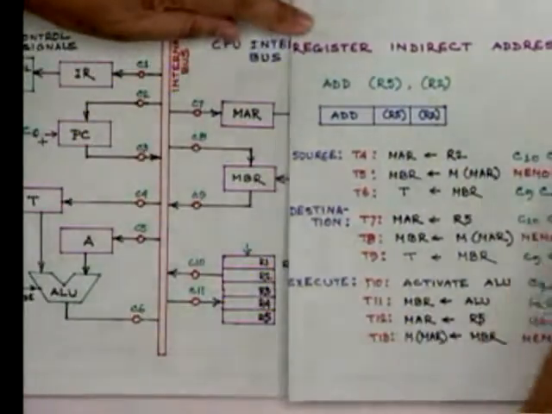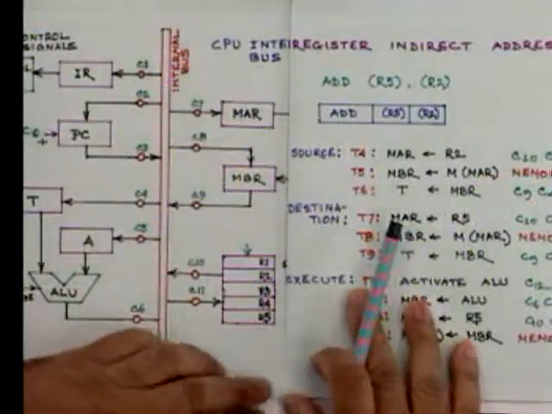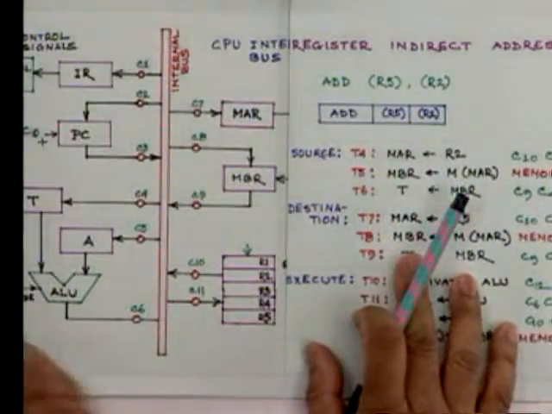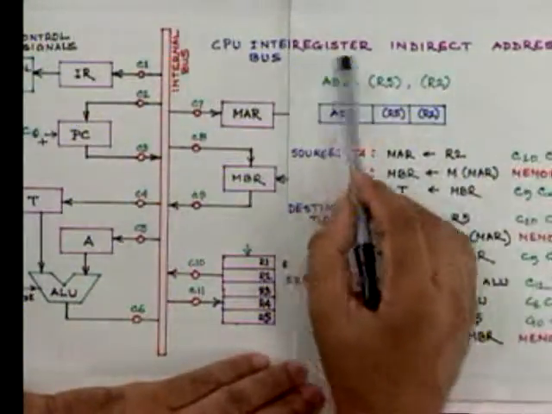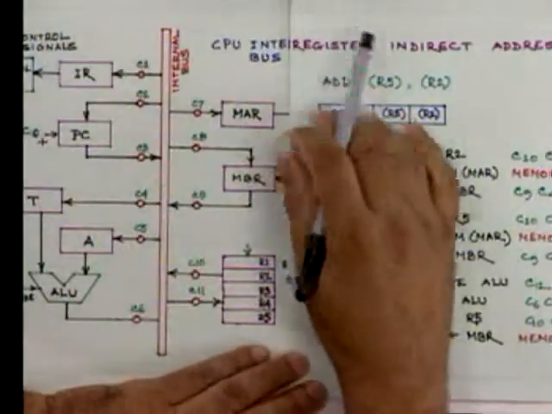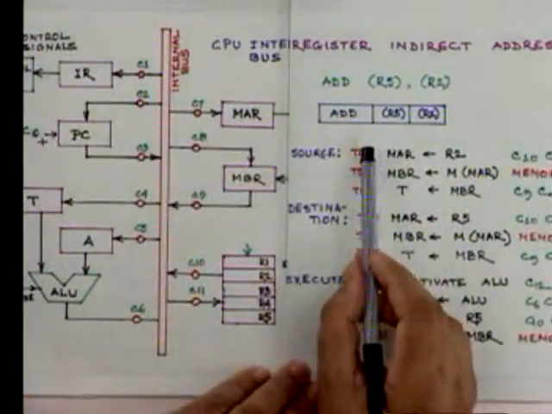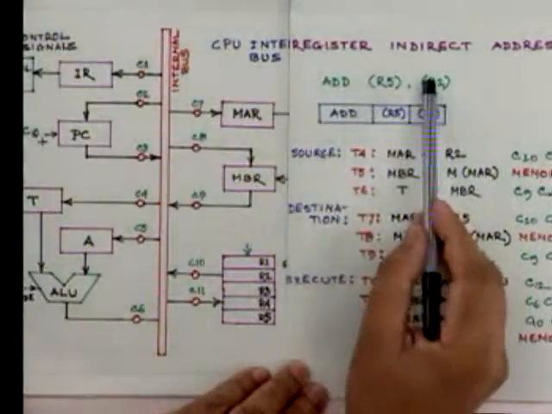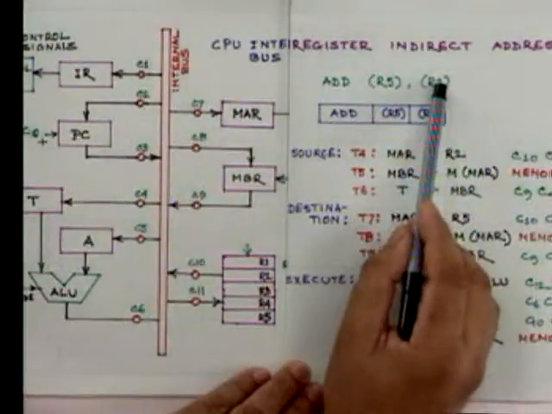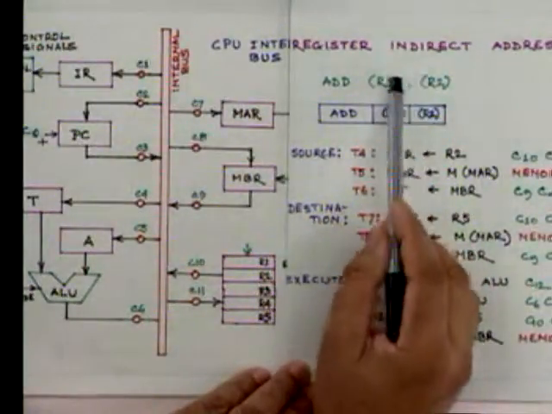This is another example I have taken, register indirect addressing. Let us see what the situation is in the case of register indirect addressing. We have taken an example, add (R2), with the destination also register indirect with R5.